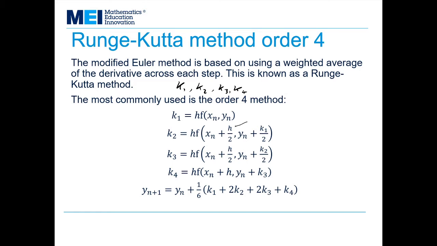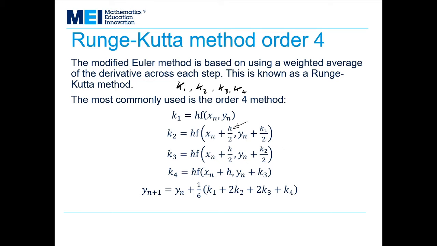So this h over 2 is because we're thinking about the middle of the interval that we're stepping over. We're taking a step size of h, and so h over 2 is halfway along. So this is an estimate based on what the gradient will be halfway along the distance. And the y value here is k1 over 2.